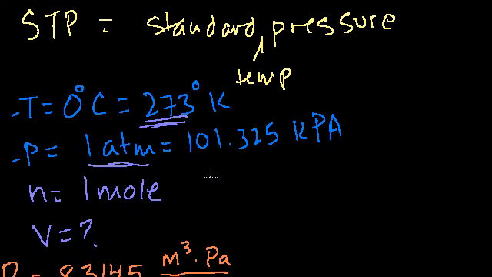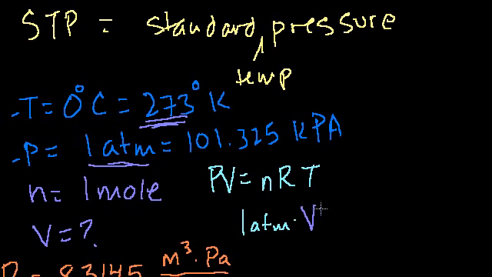So let's apply PV equals nRT. Pressure is 1 atmosphere, but remember we're dealing with atmospheres. 1 atmosphere times volume, that's what we're solving for, is equal to 1 mole of the gas, times R, times temperature, 273.